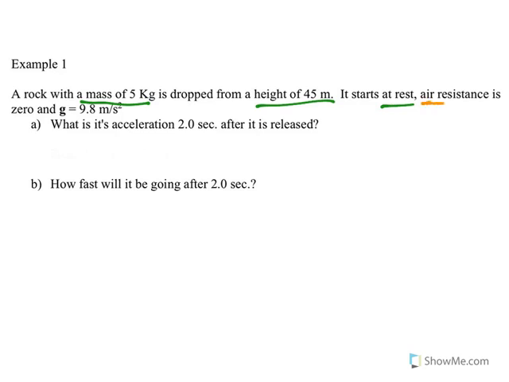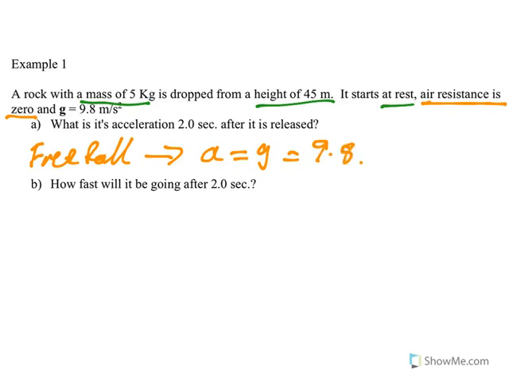All right, so first bit, what is its acceleration 2 seconds after it's released? Here it's saying air resistance is 0, so we're talking about free fall. And for free fall, the acceleration is equal to g, which is equal to 9.8.